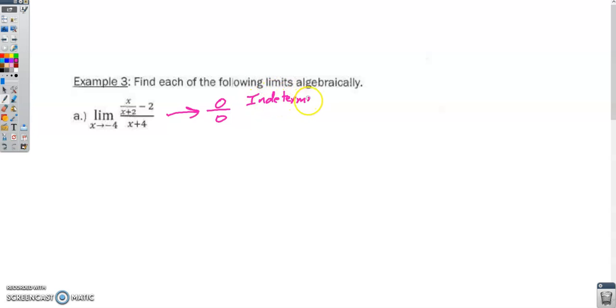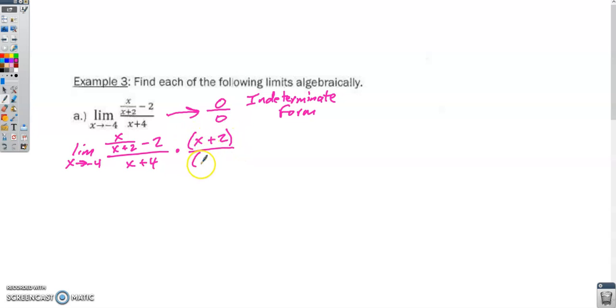Now I'm going to need to simplify this algebraically in order to find this limit. The first thing I'm thinking when I look at this is that we really don't like to deal with fractions inside a fraction. So the first thing I would do is get that fraction out of the fraction. I'm going to take the original and multiply both numerator and denominator by the quantity that is in the denominator of the numerator.